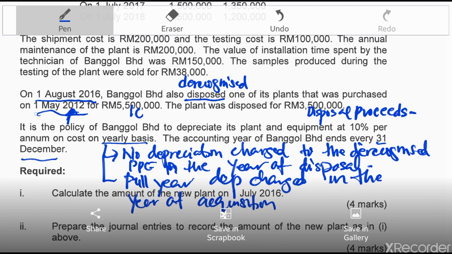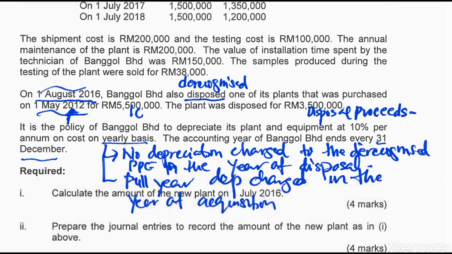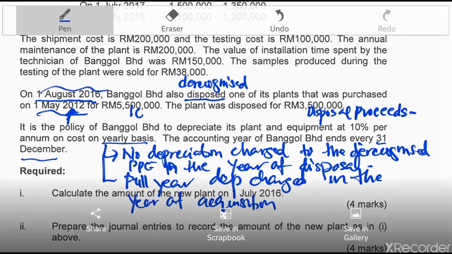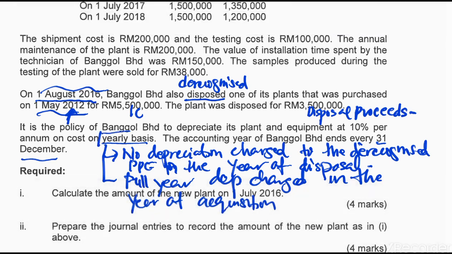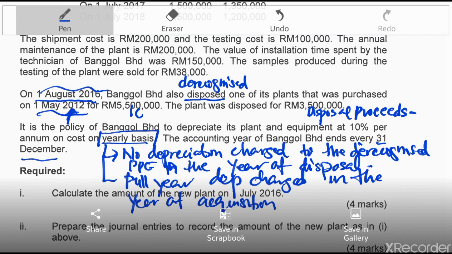Okay. However, in the year of disposal, for the asset that you purchase and now you decide to dispose, there will be no depreciation. That is for yearly basis. So we're going to apply that there in the question.